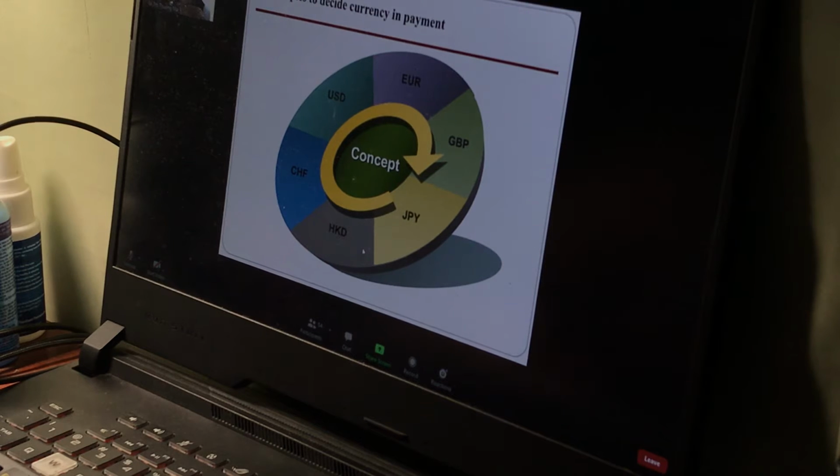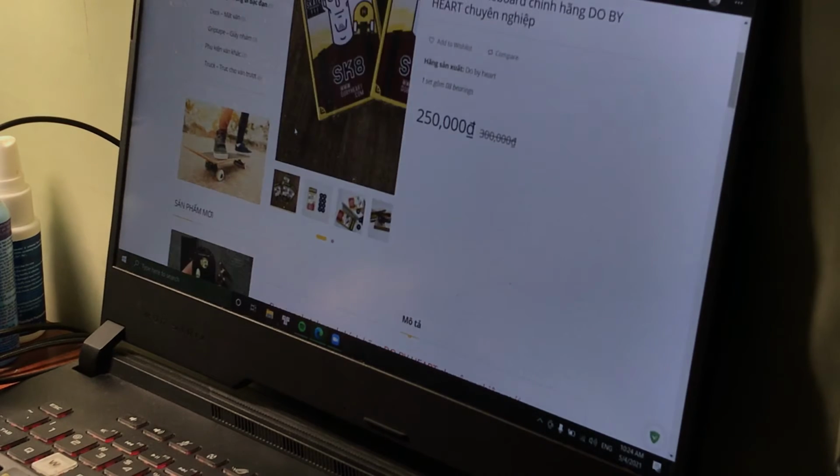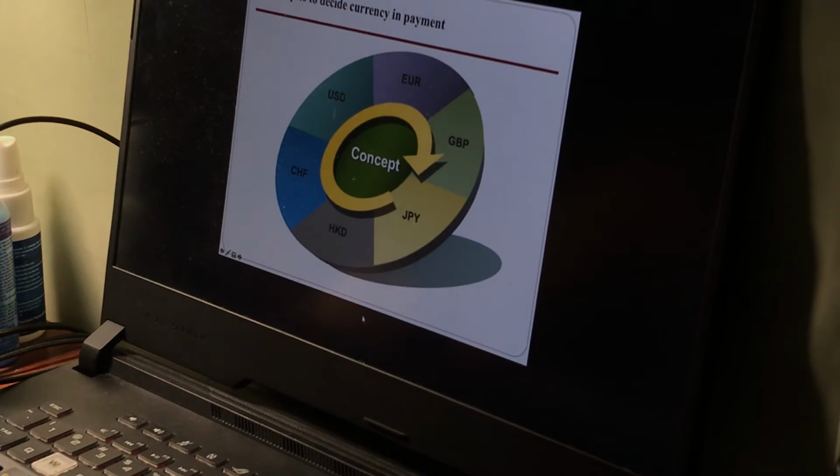EUR is the common currency for France, Germany, Belgium, Italy, Czech Republic, a lot of different countries. Euro. Next one is GBP, JPY, HKD, CHF. CHF is the currency of Switzerland. Đồng franc Thụy Sĩ.